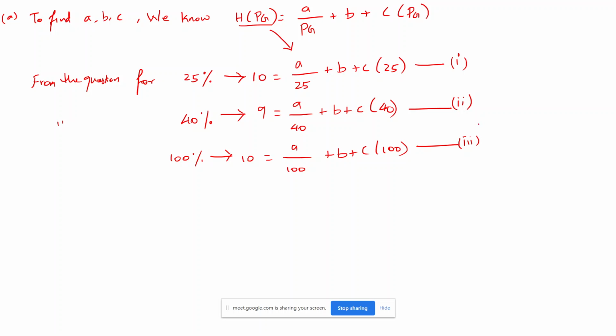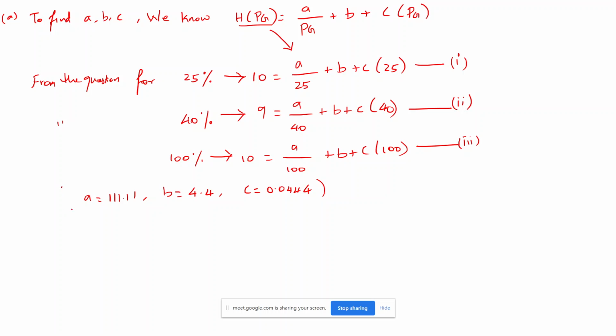Taking these three equations and solving using a calculator, you will get A equal to 111.11, B equal to 4.4, and C equal to 0.0444.